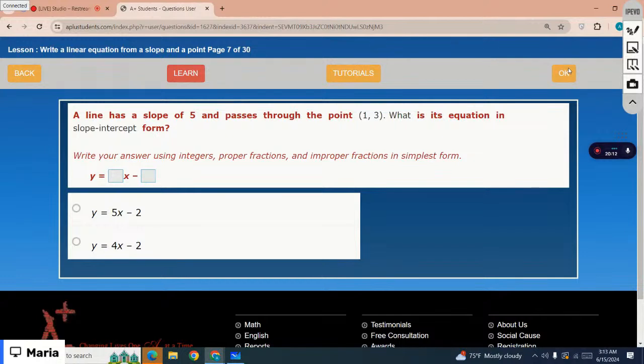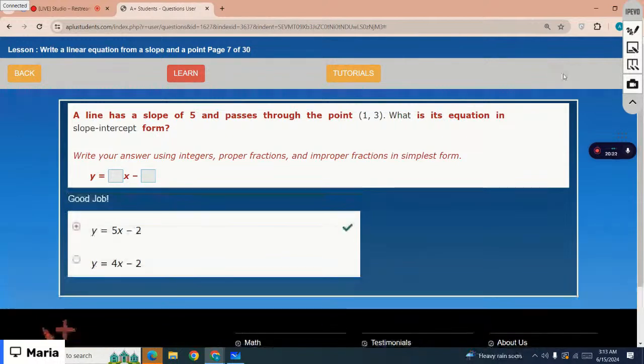Yes, 1 is the correct option. That is y equals 5x minus 2. Okay, let's just do more examples.